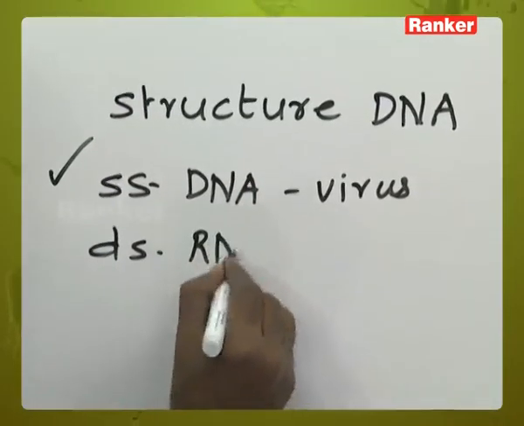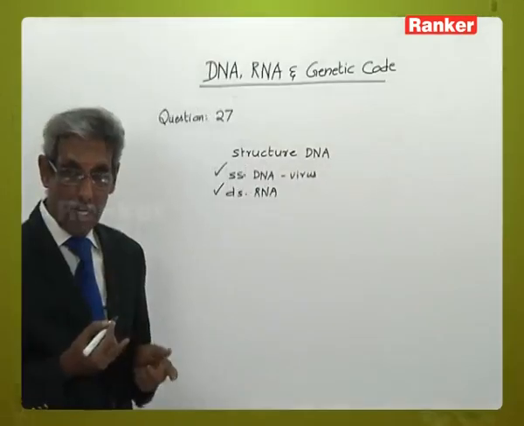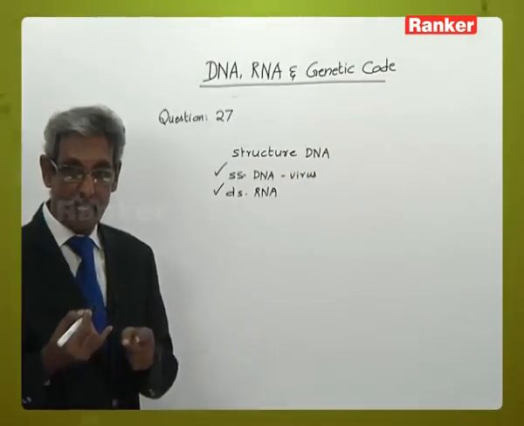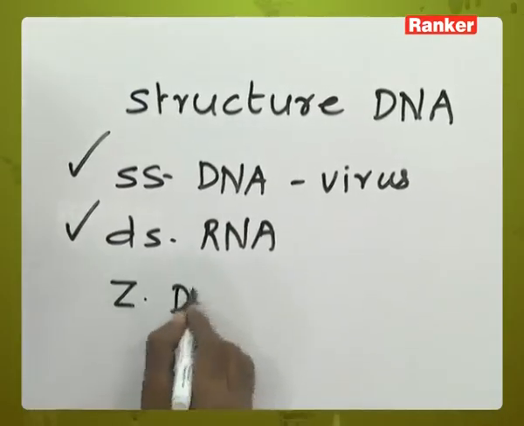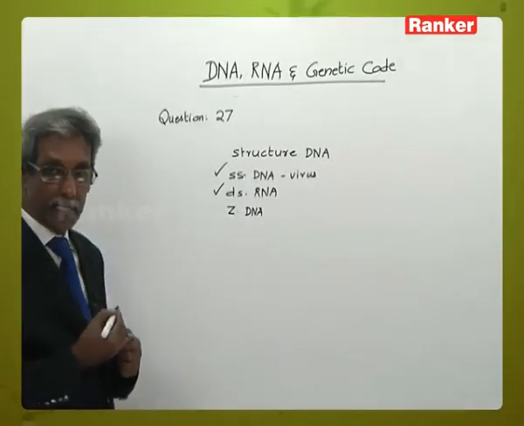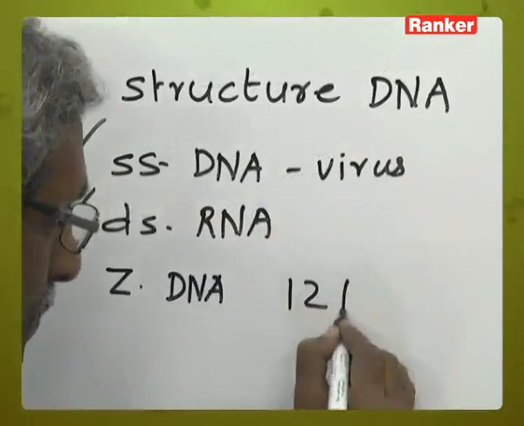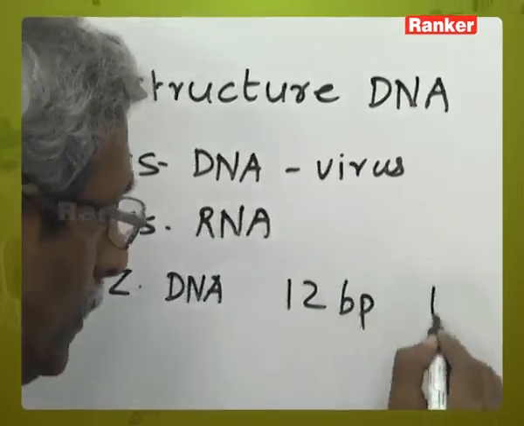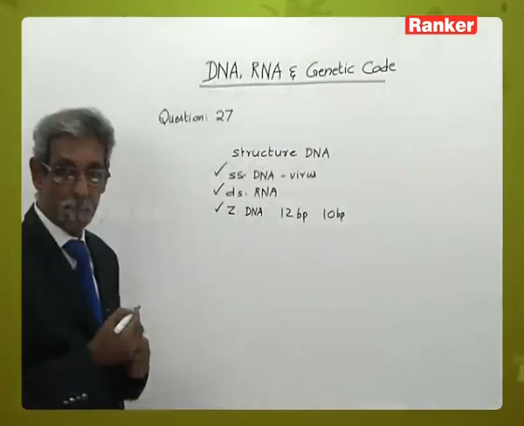The presence of double-stranded RNA has also been reported. C, there are as many as 12 base pairs per turn in Z DNA. In Z DNA, though 10 base pairs are allowed, 12 base pairs are also allowed.